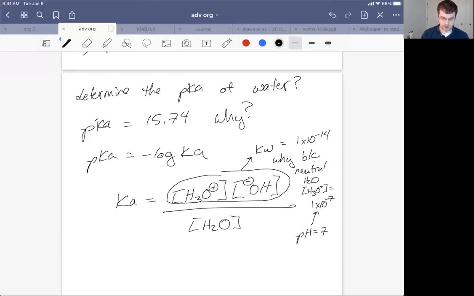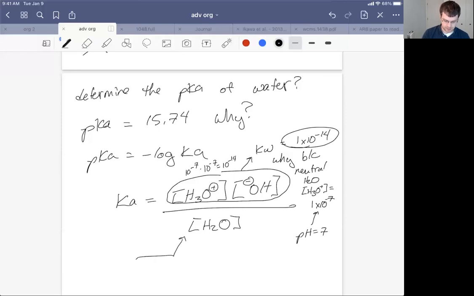And similarly, if we're at neutral water, then our OH is equal to that. So we have 1 times 10 to the negative 7 times 1 times 10 to the negative 7. That becomes then 1 times 10 to the minus 14. So 10 to the minus 7 times 10 to the minus 7 equals 10 to the minus 14. Okay, a lot of math, but we're at 1 times 10 to the minus 14 for the numerator here.